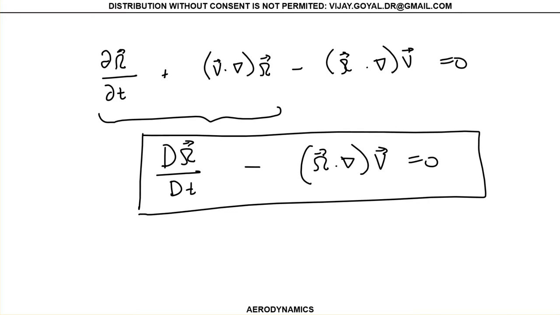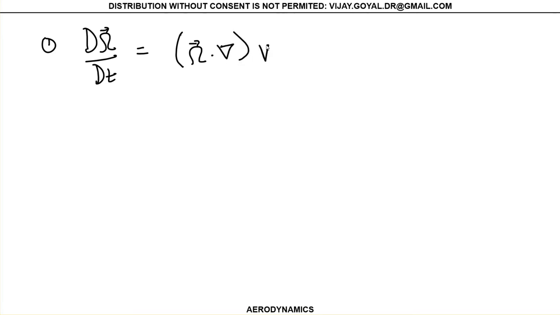There are a couple of simplifications we could do of this equation that are very neat. First of all, we can show that this term is actually equal to the gradient times the velocity. And we can show a couple of things.